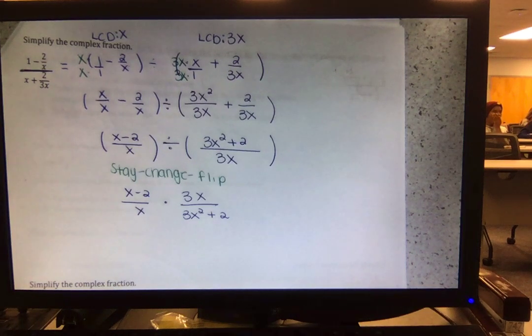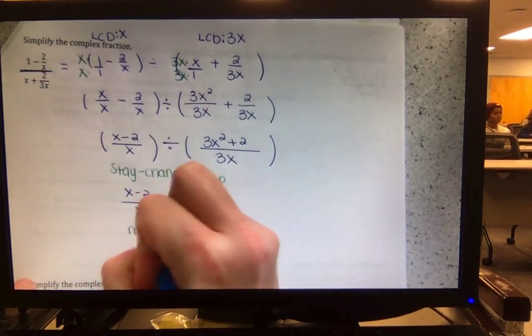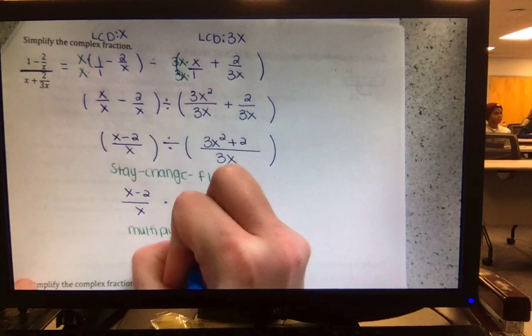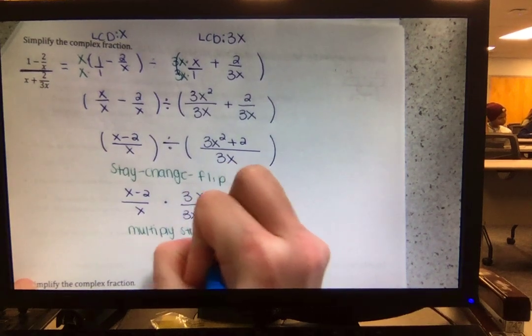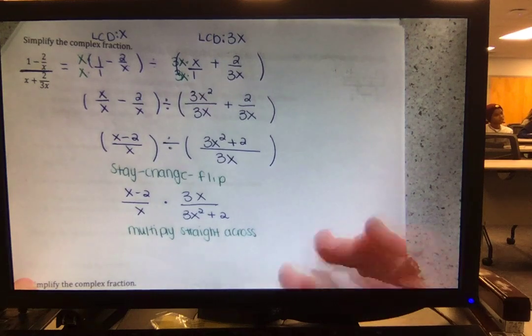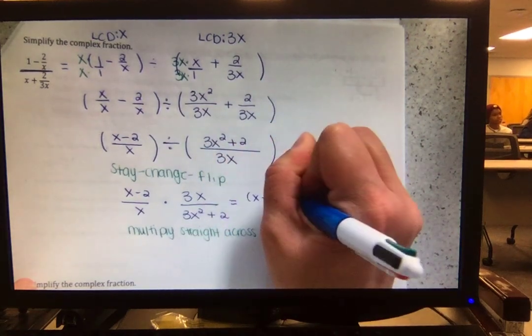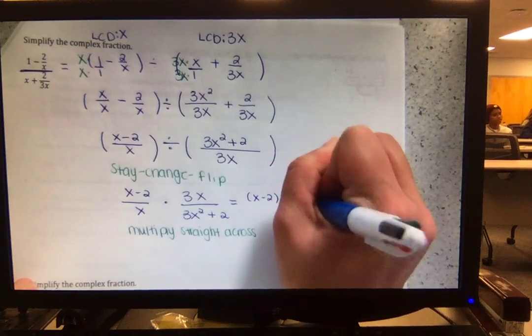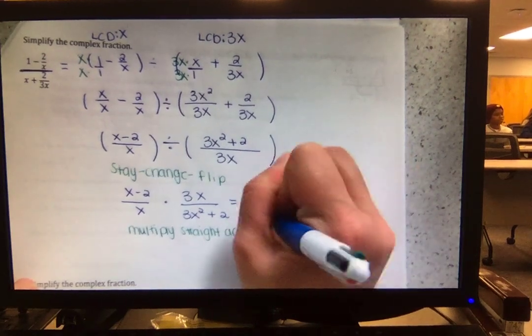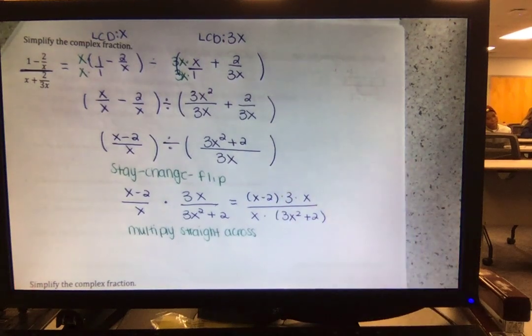So now we have multiplication, so now we can multiply straight across. So I have x minus 2 times 3 times x all over x times 3x squared plus 2.